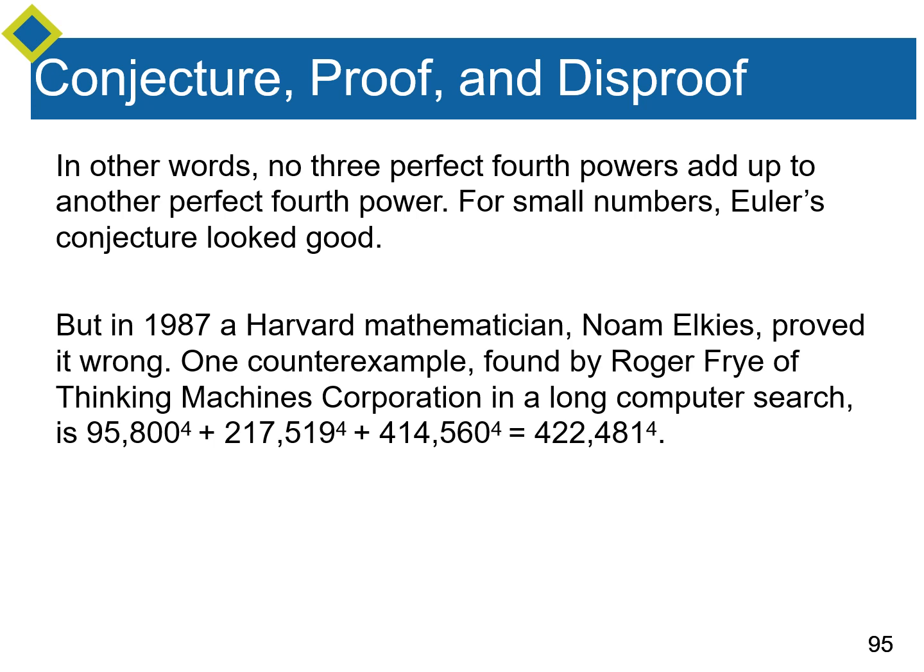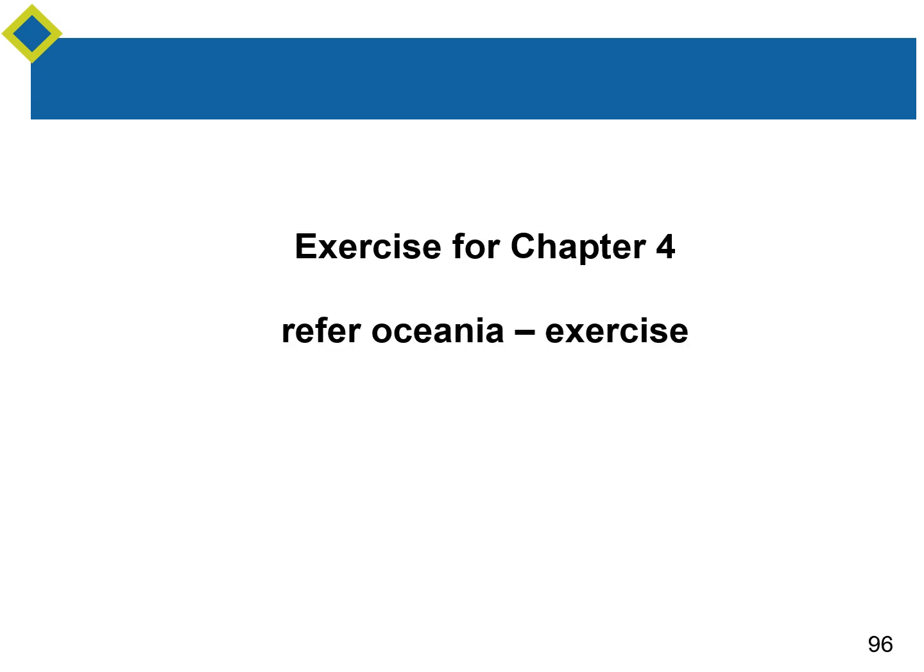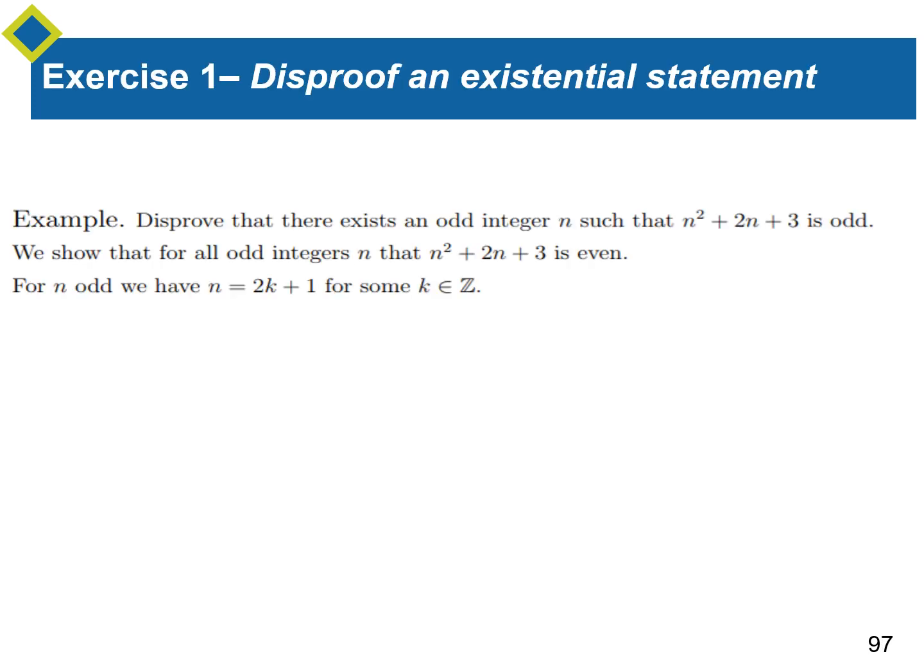Okay, that's all for chapter 4. It's about theory of numbers and methods of proof. Okay, so after this you refer to Oceania for the exercises for this chapter. You have 3 questions to disprove and prove.